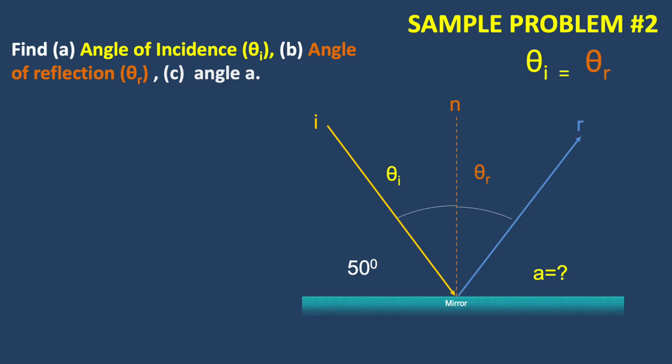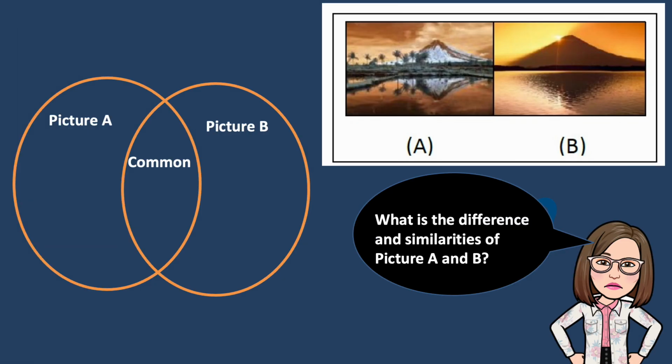Now, how about angle A? Yes, you're right. Since our value here is 50 degrees, therefore, the remaining angle here on angle A is also 50 degrees. Since you are now familiar with the two statements under the law of reflection, can you tell me the difference and similarities of picture A and picture B?